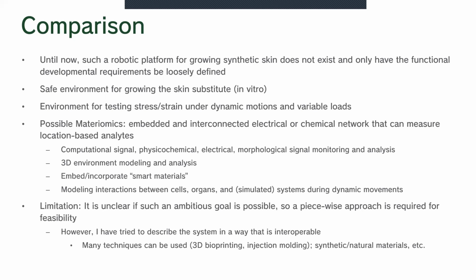It could be 3D bioprinting or injection molding. It could be synthetic or natural materials. We could use hydrogels on the top. The core takeaway is that the problem I want to solve is the dynamic modeling of the dynamic loads and stresses that are applied to skin, and to use this robotic platform as a way to analyze, verify and validate these before trying to adhere or transplant them to a person.